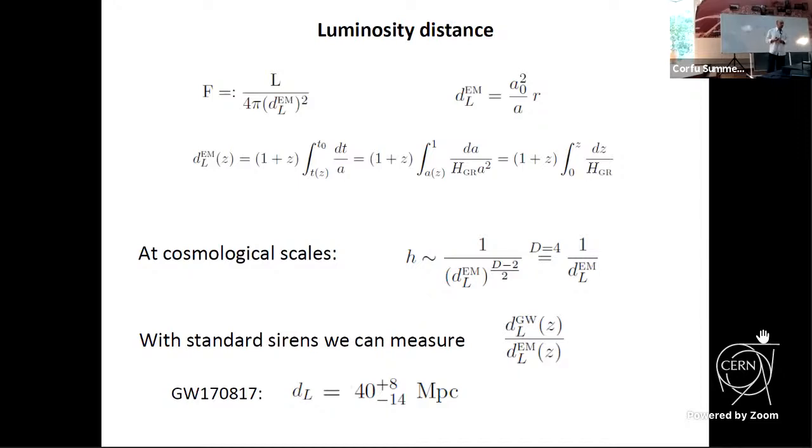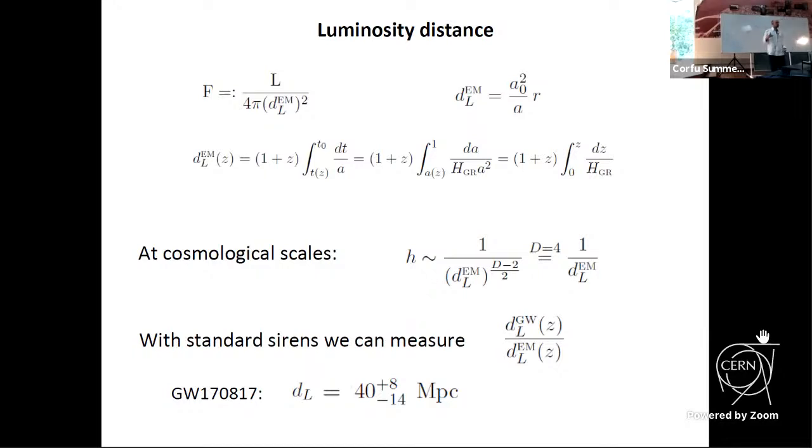For instance, in the experiment LISA, you know LISA? Who doesn't know about LISA? Okay, LISA is an interferometer which will be made of 3 satellites launched into space, so it will be the largest experiment in human history, largest in size. And it will be launched, hopefully, 10-15 years from now, and it is estimated to observe between 60 and 80 standard sirens.